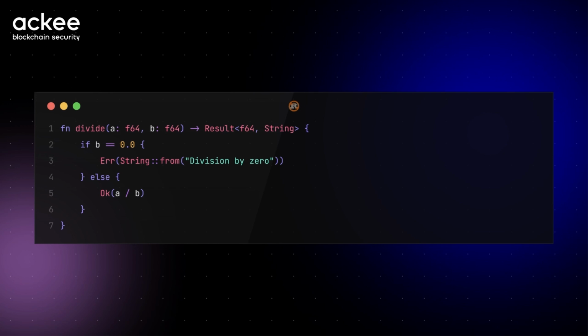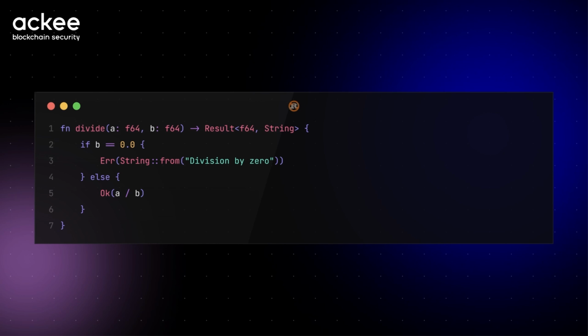And the return value currently is not just a primitive data type, for example F64, but we have specified here that we would like to return result. In this case, we have two parameters for the result. The first one is F64, which will be the result of the division, and the second one is string.